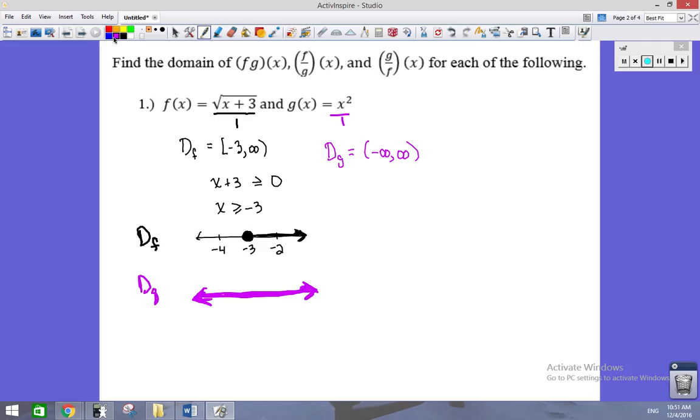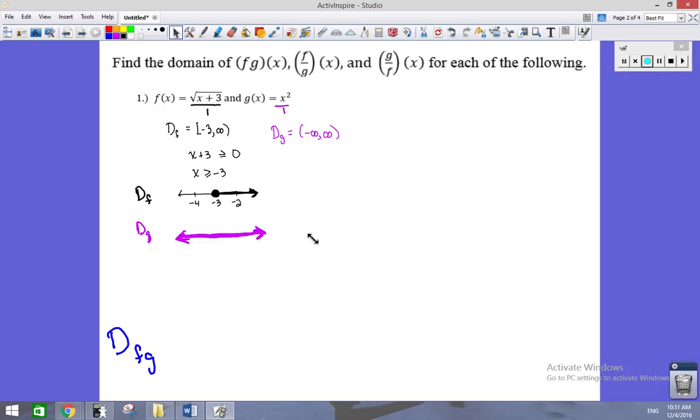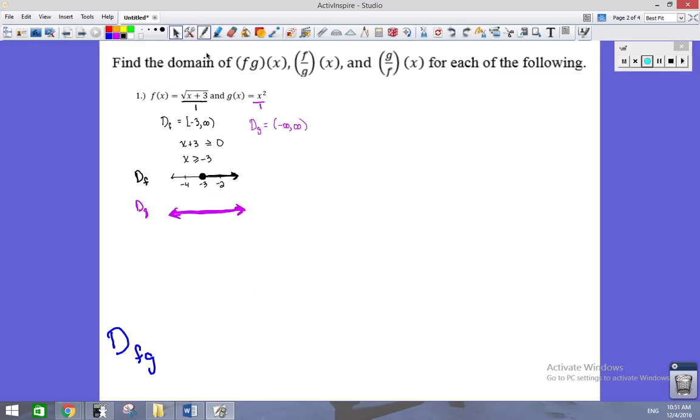All right, so I know that the domain of f times g, if I draw a picture of its answer, is going to be the intersection of these two sets. You have to be a member of the set that's the domain of f, and you also have to be in the domain of g. So it's the domain of f intersected with the domain of g.